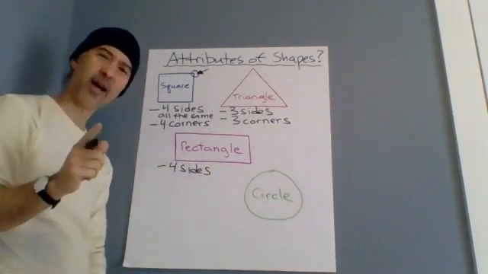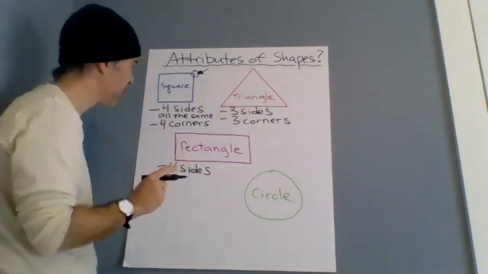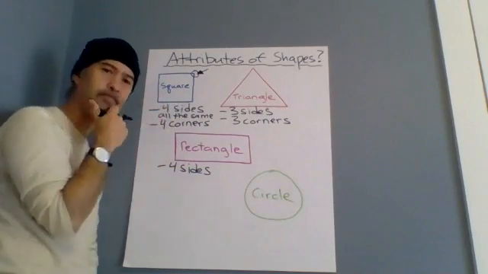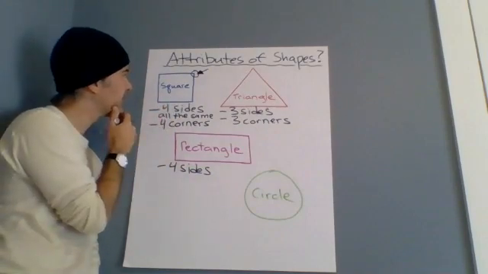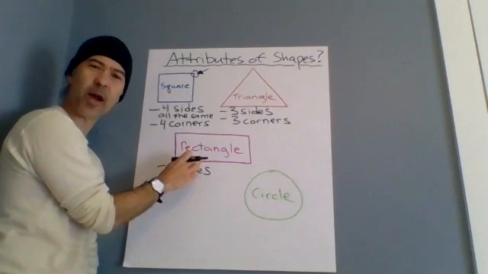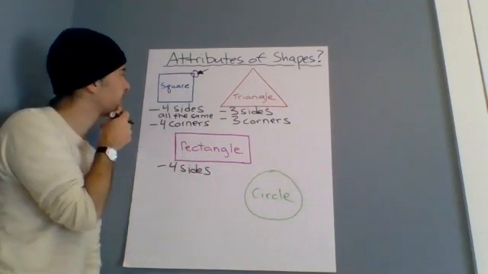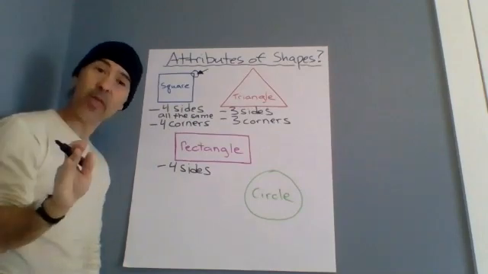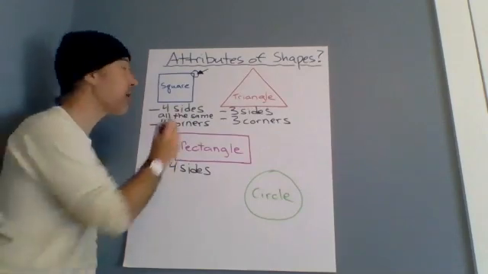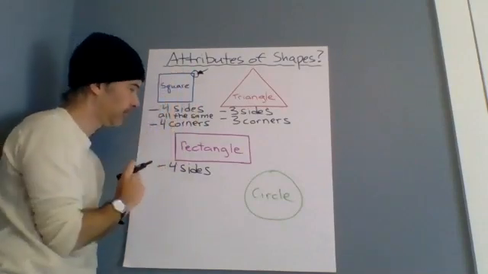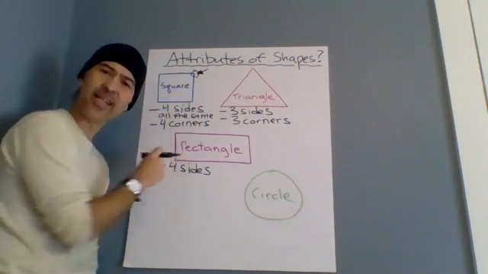Now let's look at the sides. A square also has 4 sides. Do you see anything different between a square and a rectangle? Well, I know that the square has 4 sides that are the same. Are the sides in a rectangle the same?